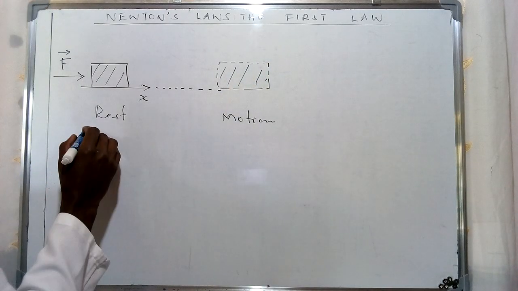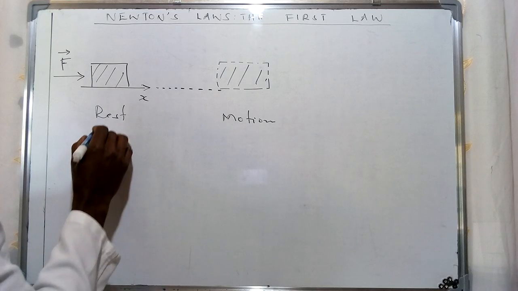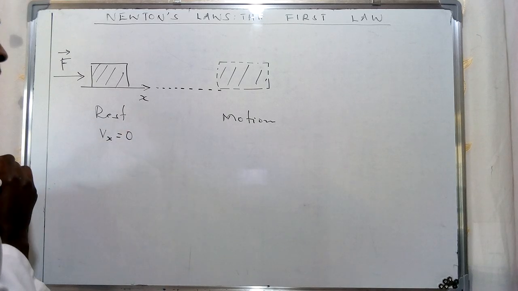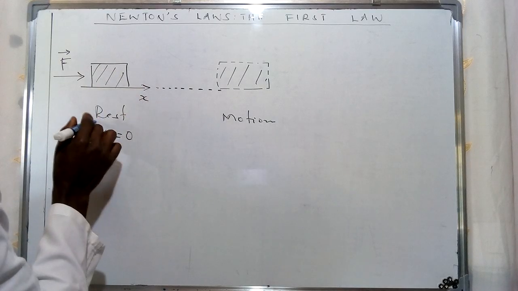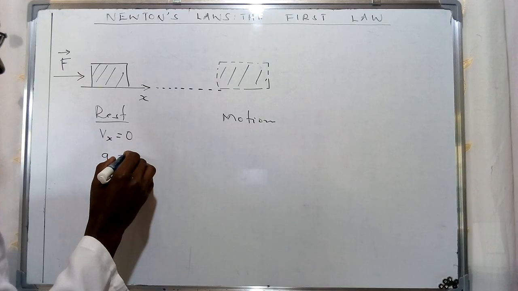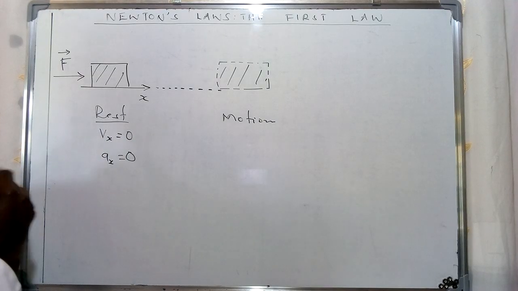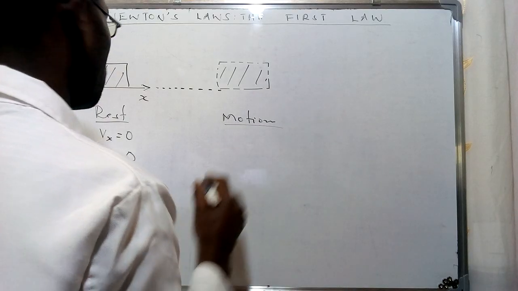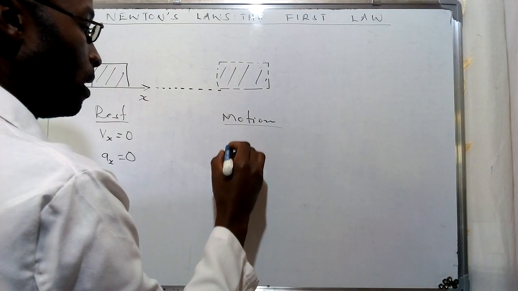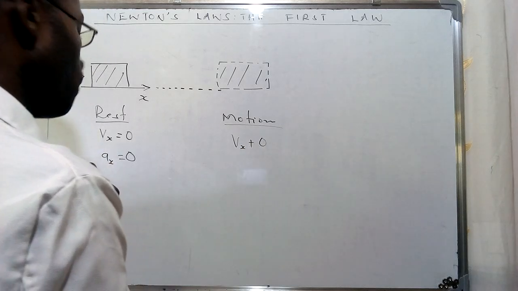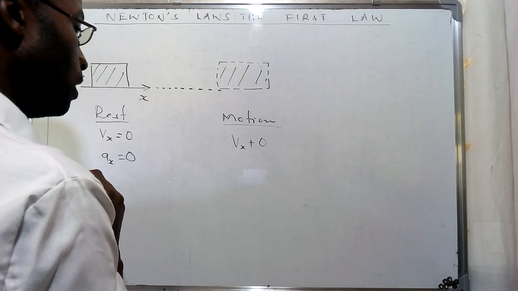We can describe the velocity component of this particular object that is at rest in terms of 0. Since it's at rest, it's going to possess a velocity component of 0, and its acceleration is going to be 0. So upon application of a force, this object is going to assume a state of motion, whereby we shall have its velocity component given in terms of v0, which is going to be the initial.